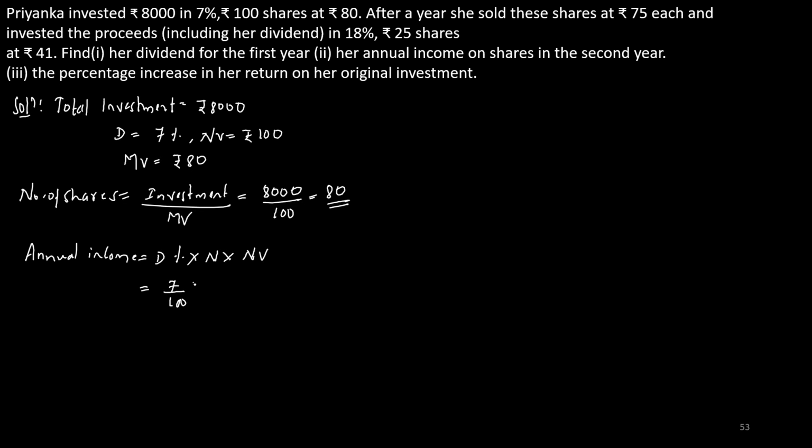So 7 by 100 into number of shares, 80, into nominal value. Nominal value is how much? 100. Now think, can you proceed with this?